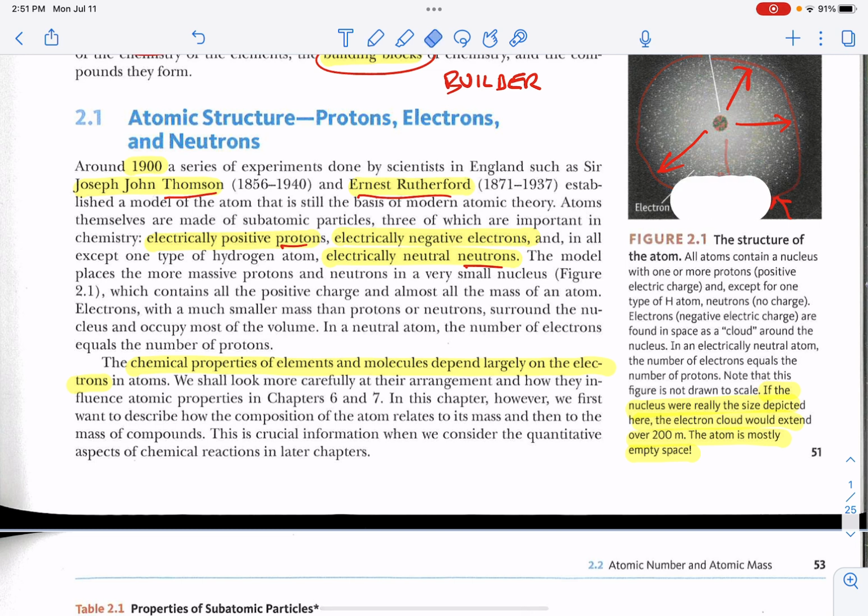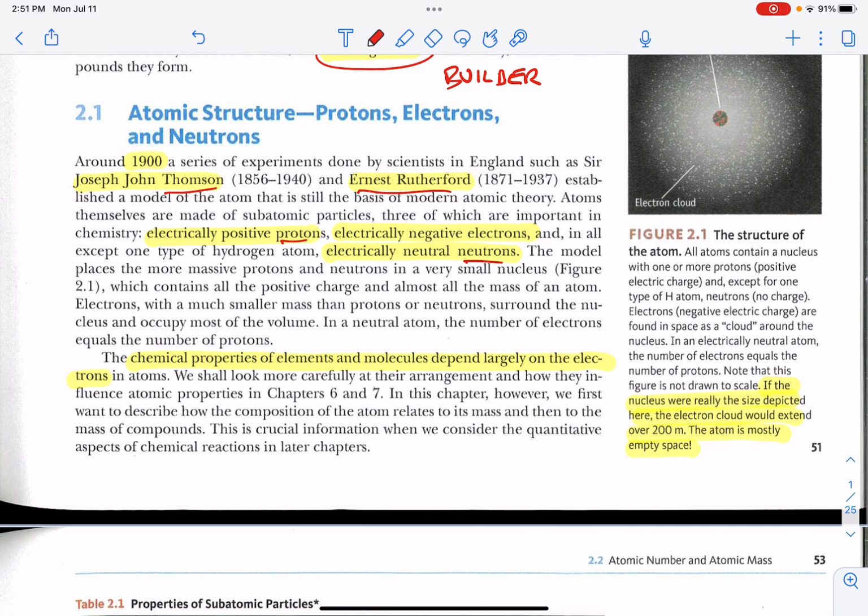It does not have this border. And so in quantum mechanics later, we're going to talk about how we have this imaginary border for an atom, which is the region of space within which 90% of the time you're going to find a particular electron. And so you should know about protons being positive and electrons being negative and neutrons being neutral.